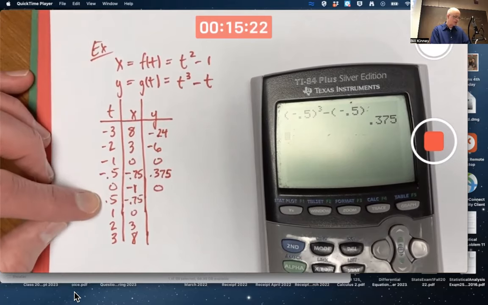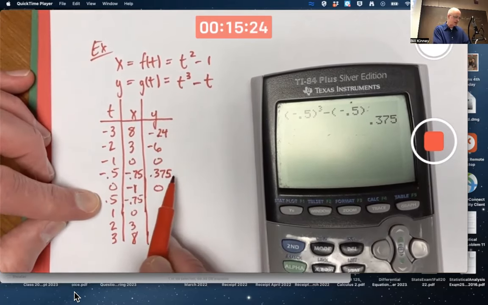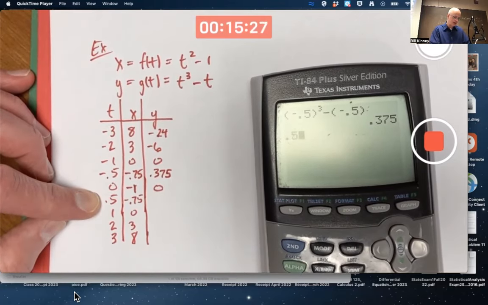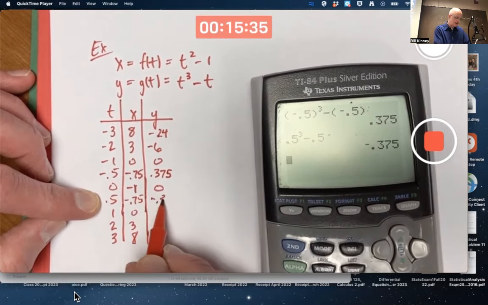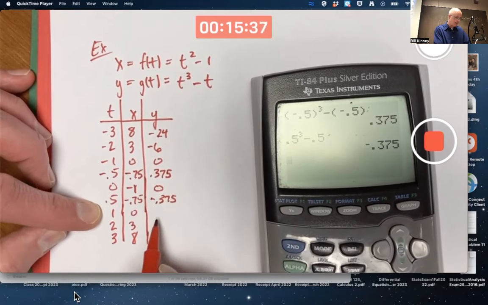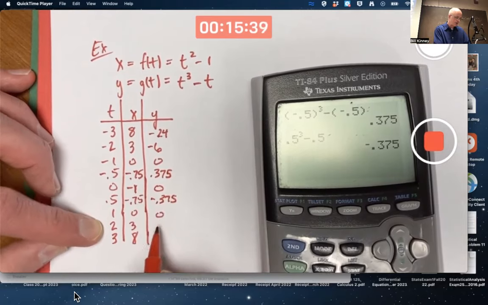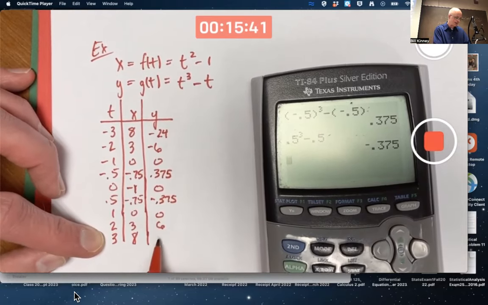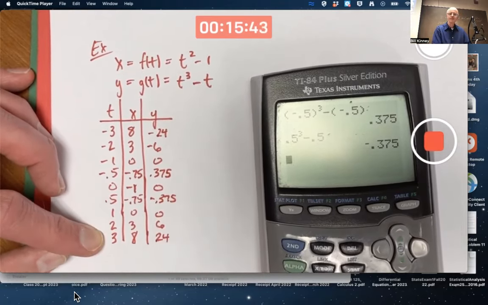The value at t equals 0.5 is going to be the opposite of the value at t equals -0.5. 0.5 cubed minus 0.5 is -0.375. At 1, I'll get 0. At 2, I'll get +6. And at 3, I'll get +24.